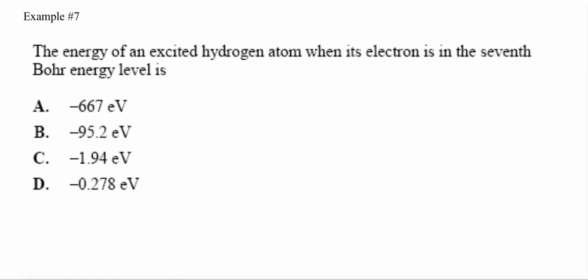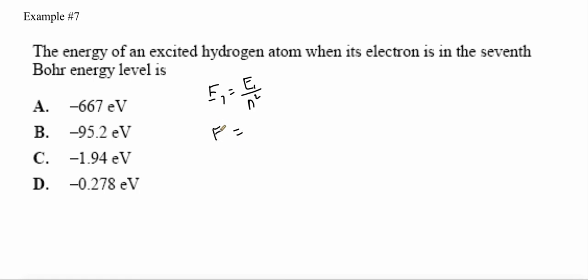In this example, we want to find the energy of an excited hydrogen atom when its electron is in the 7th Bohr energy level. So once again, my energy level of the 7th is equal to my energy level of the 1st divided by my number of levels that we want squared.